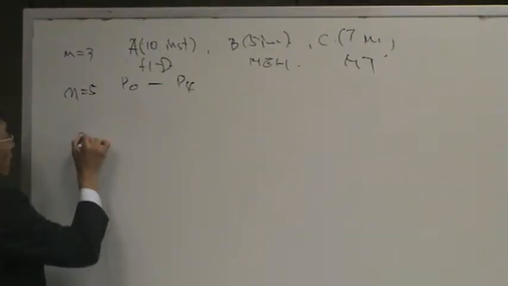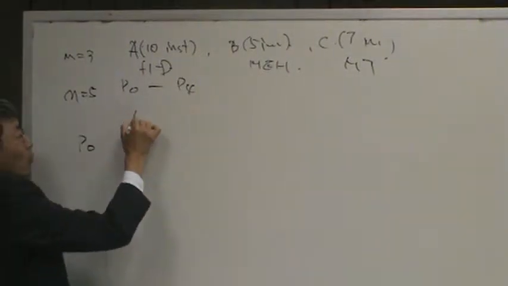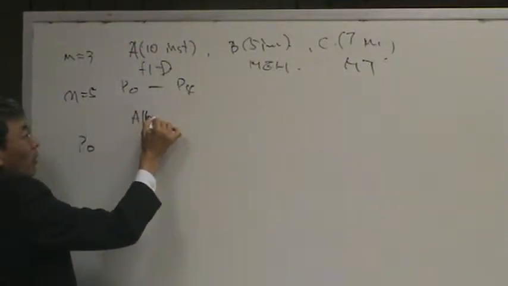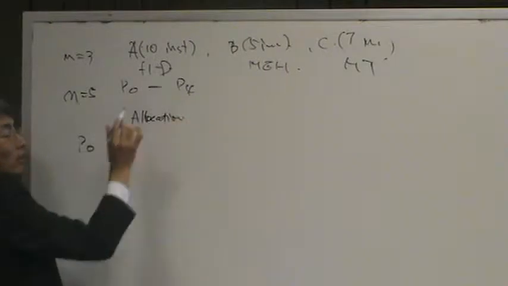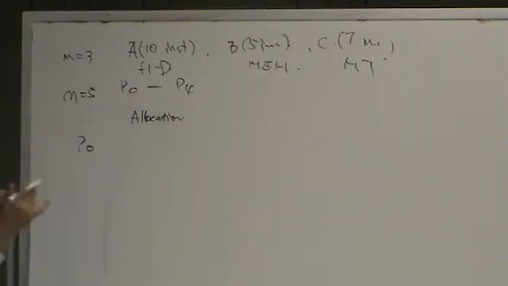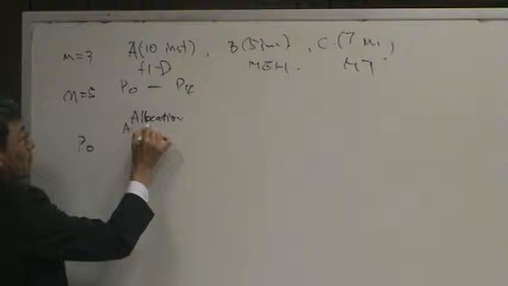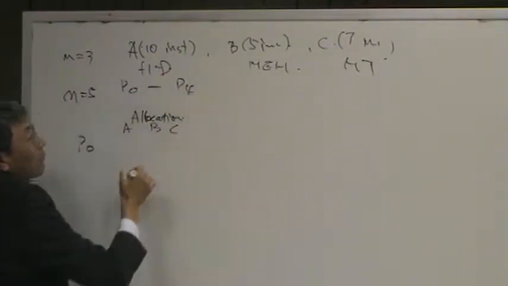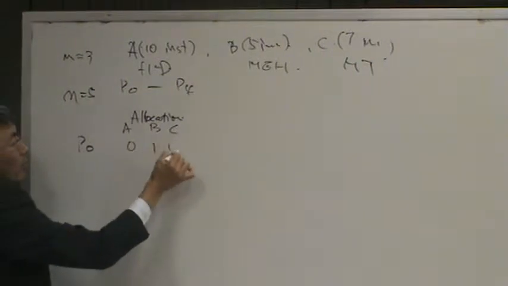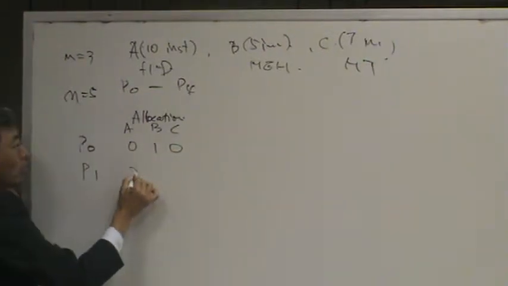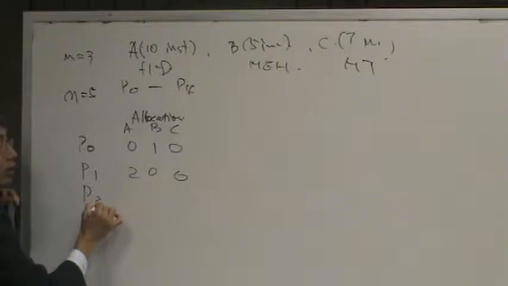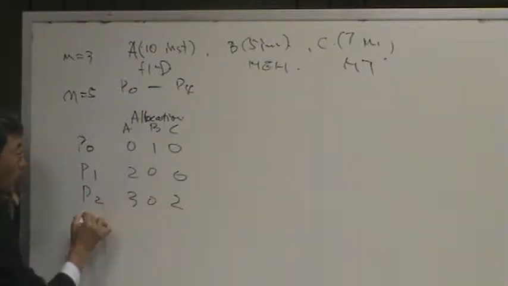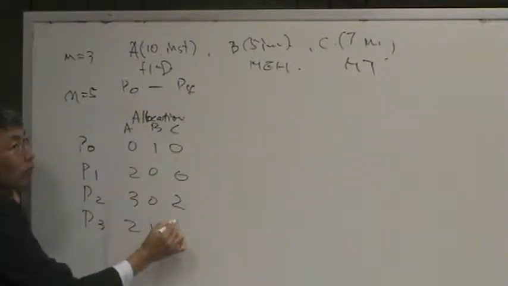This is the current state at time T0. First we are going to manage Allocation, which means what is held by each process. A, B, C are the hard disk drive, memory, and magnetic tape. P0 is 0, 1, 0. P1 is 2, 0, 0. P2 is 3, 0, 2. P3 is 2, 1, 1.